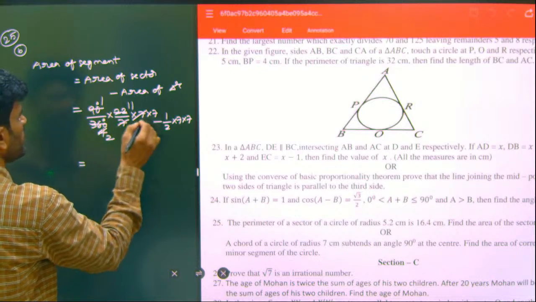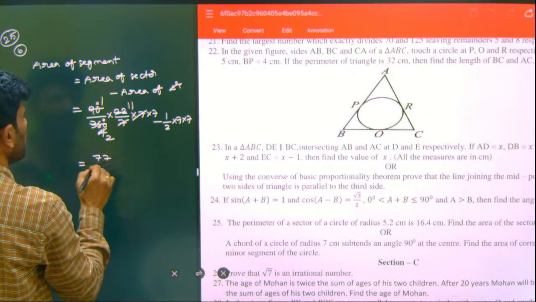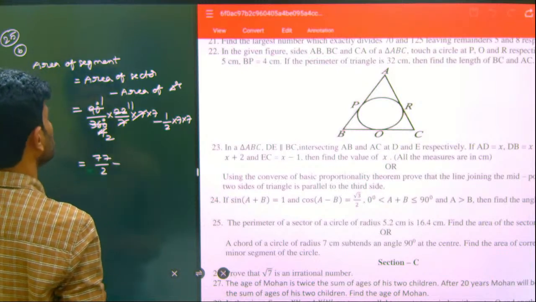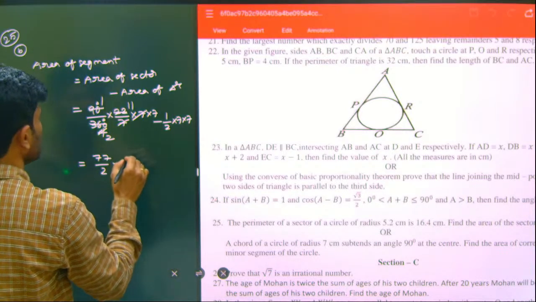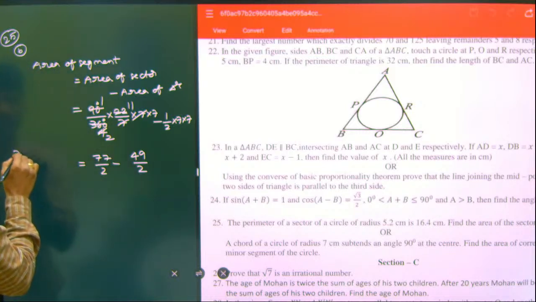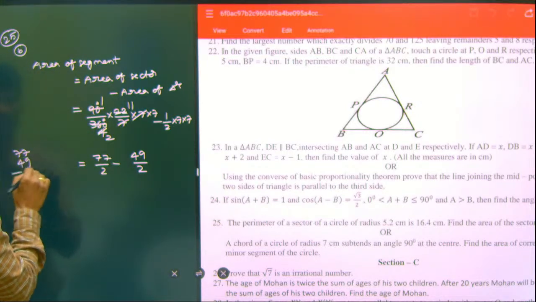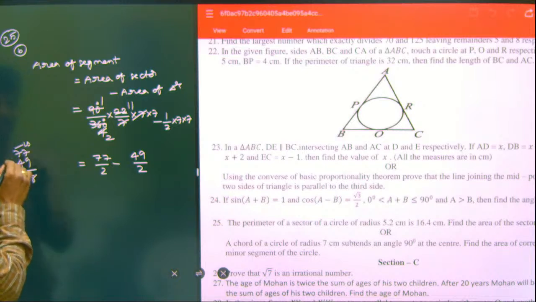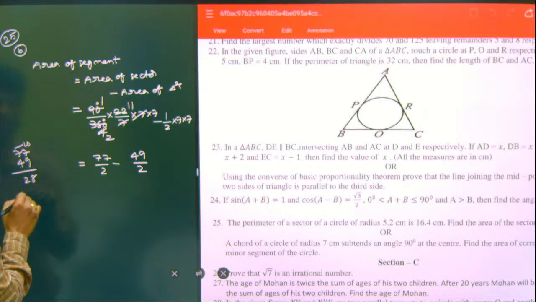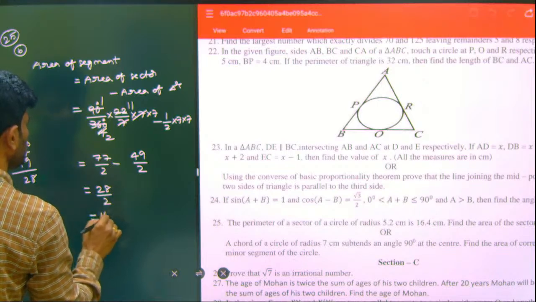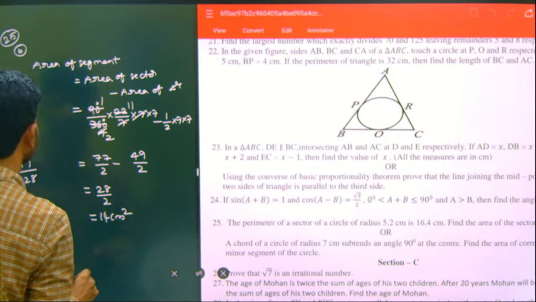So which is 11 into 7? 77 by 2, minus 7 7s are 49, 49 by 2. So 77 minus 49, 17 minus 9 is 8, 6 minus 4 is 2. So what is it? 28 by 2, which is 14 centimeter square.